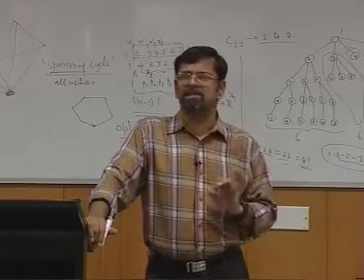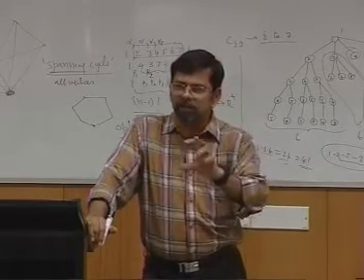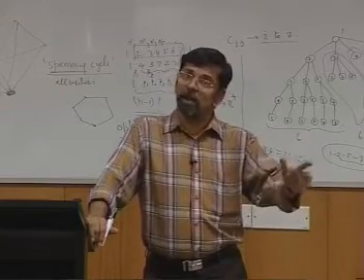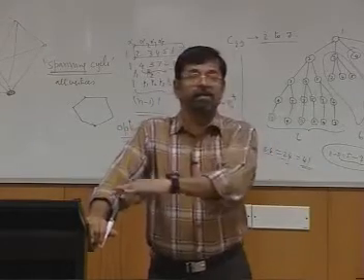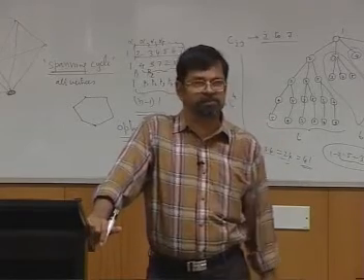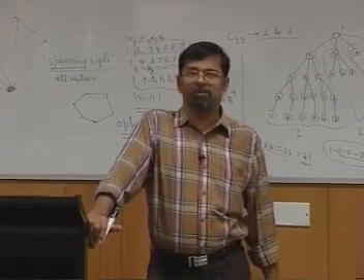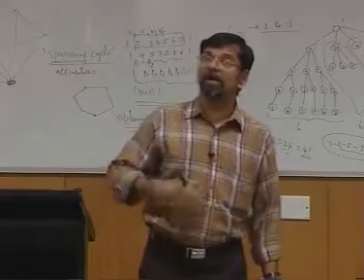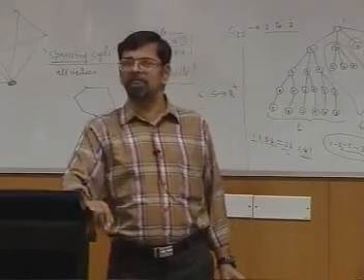The disadvantage of having such a fixed exploration order is the following. If the solution happens to be found at the far end, then you will stumble upon it after a lot of effort. Okay?